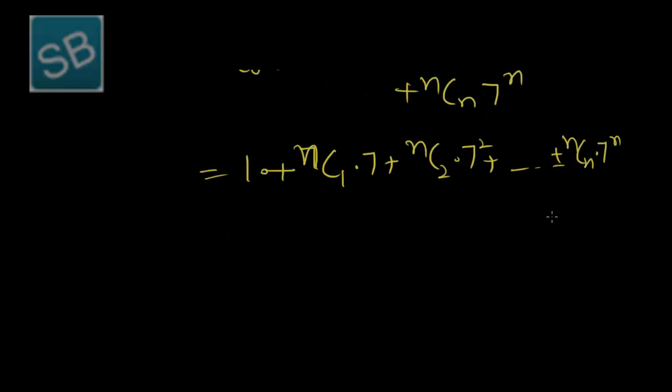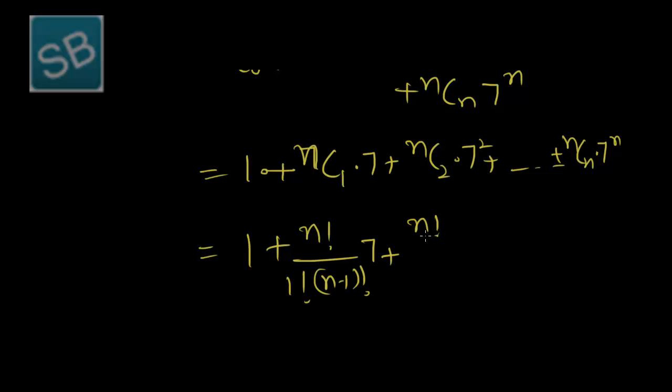and nC1 is also n, that is n factorial over 1 factorial n minus 1 factorial, into 7, plus nC2 remains as such.